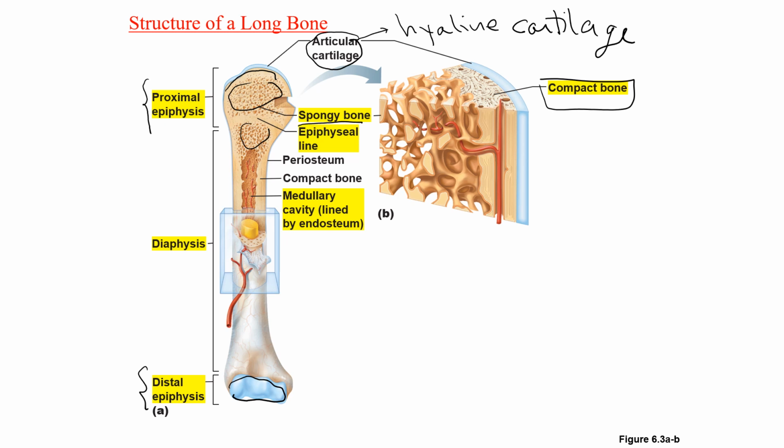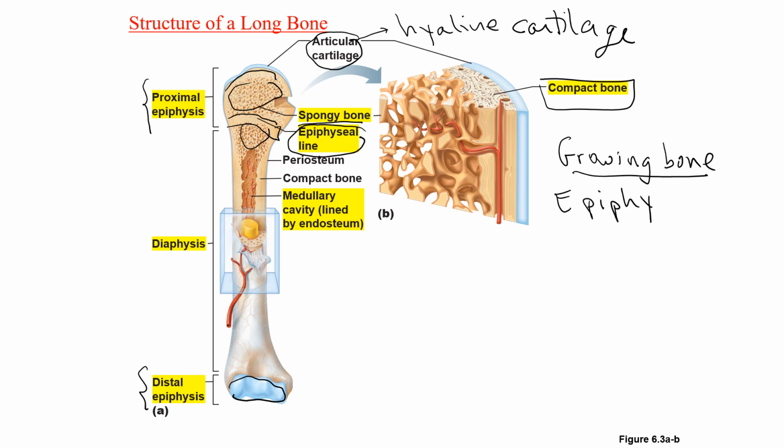Between the epiphysis and diaphysis lies the epiphyseal line, or growth line. Growing bone will display a pad of cartilage called the epiphyseal growth plate.